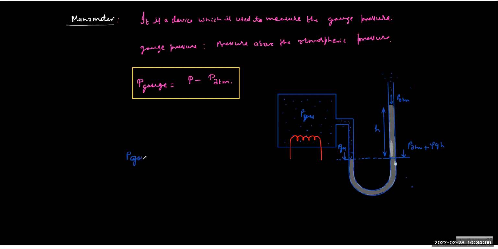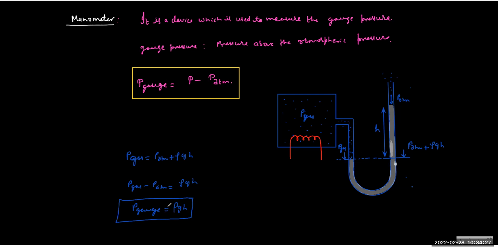You can say P gas is equal to P atm plus rho g h. So P gas minus P atm equals rho g h, and therefore P gauge equals rho g h.